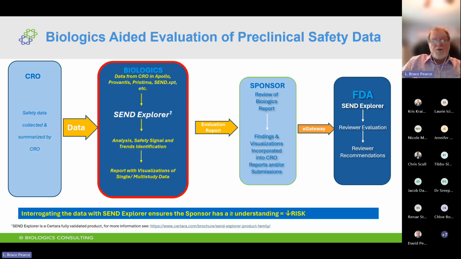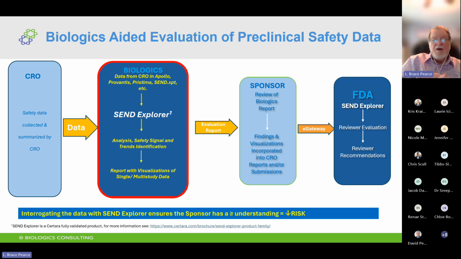And what we're doing now is we're offering the opportunity for biologics, as depicted here in this diagram, the dark blue segment, to look at data provided by the CRO in various formats, Apollo, Provantis, Pristima, and of course in SEND files, and use that data to analyze the relationships using SEND Explore for analysis, safety signal, and trends identification, and report this with visualizations from single studies or multiple studies in a report, and we'll provide this to the sponsor.